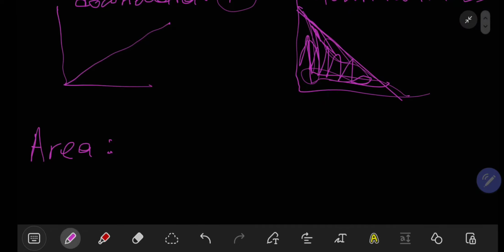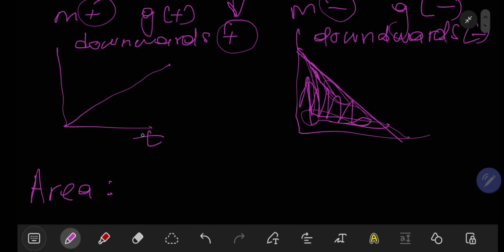So when we find the area, we know that we're going to get the displacement. Because for example, if we want the area of a rectangle, we know that on the x-axis we have time, which is measured in seconds, and then here we have the velocity, which is measured in meters per second.